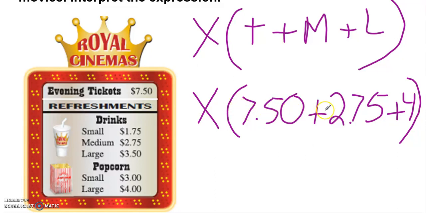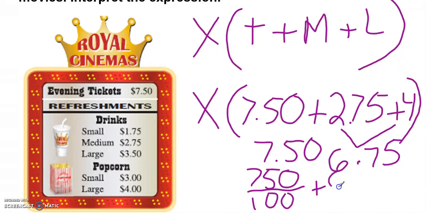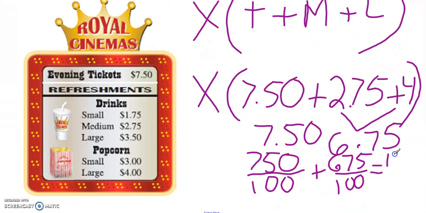So 7.50 plus 6.75, and then we're going to have to add it to this one, but I'm going to make it like this so I can see it better. 750 over 100 plus 675 over 100 equals 1,425 over 100, which equals $14.25.